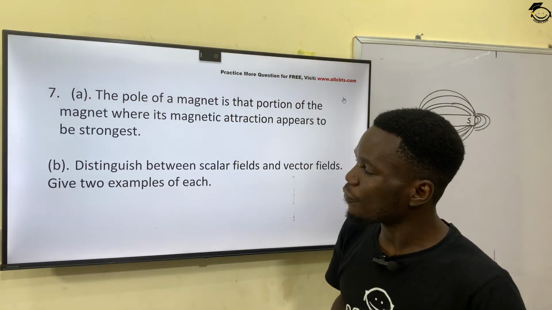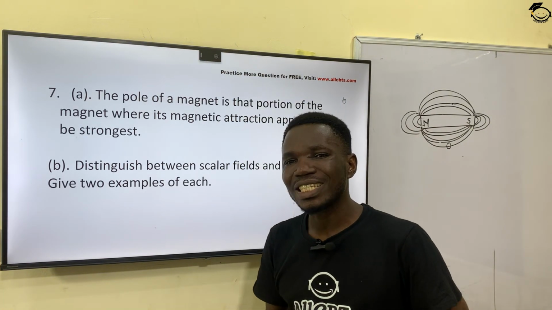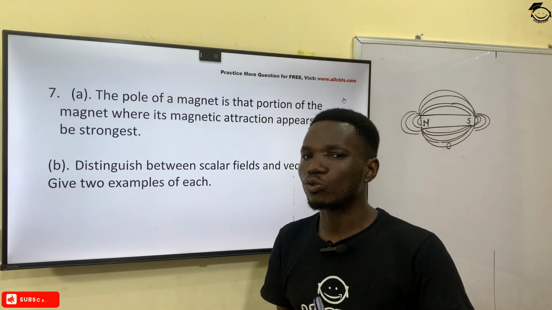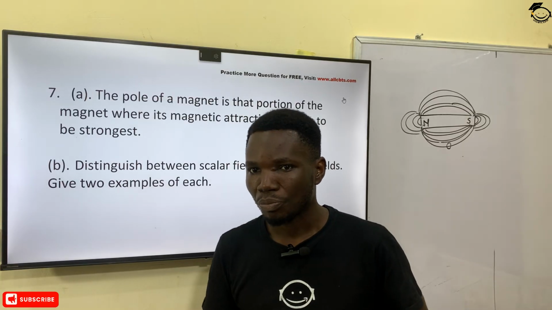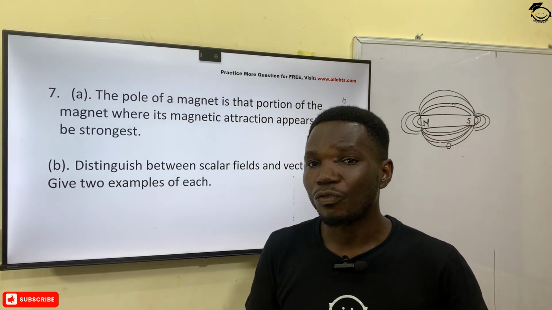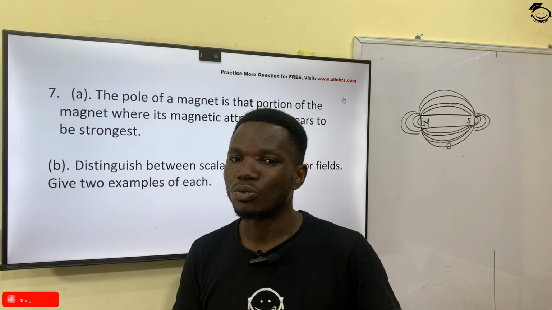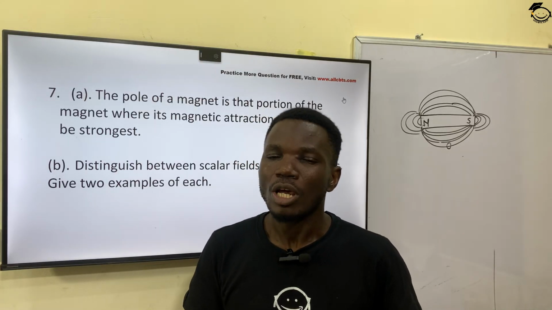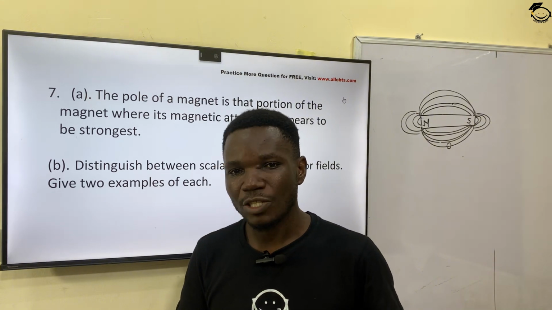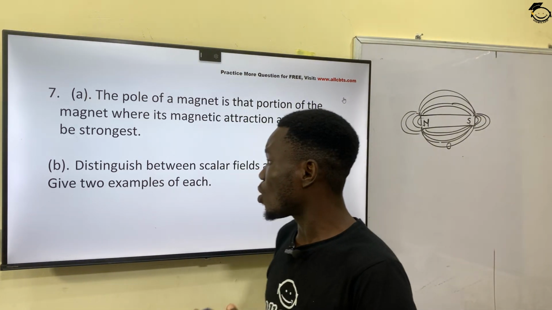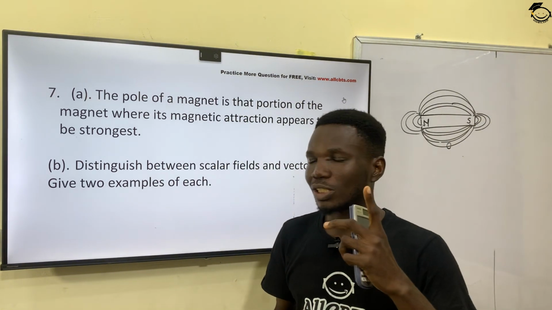Magnitude. It's a type of field where the quantity has only magnitude but has no direction. An example is temperature field. If you have a temperature field, it only has magnitude and has no direction. Another example is a mass field. If you have a mass field, it also has only magnitude, but no direction.